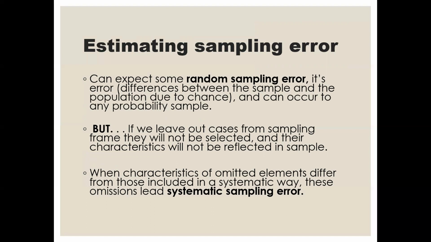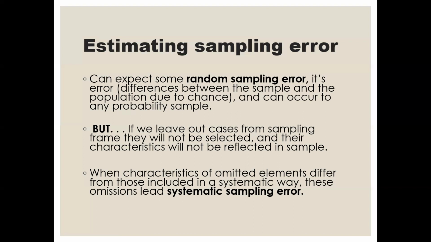So random sampling error is just something that happens by chance, and there's a small difference between your population and your sample. But let's say you want to draw a random sample of your clients, and in your sampling frame, you forgot those 5 people that joined your practice today. So you have some systematic sampling error because you've left some really key people off of your sampling frame.